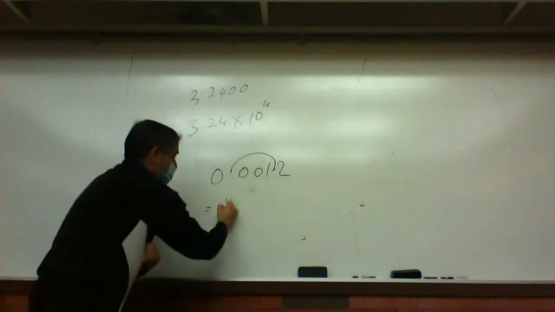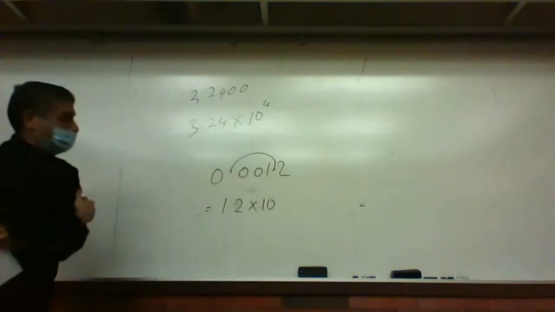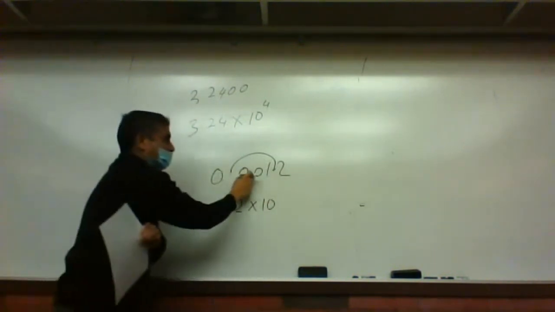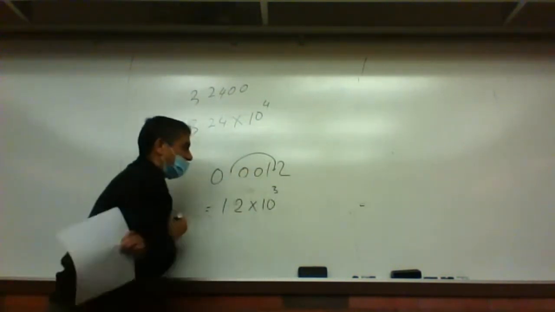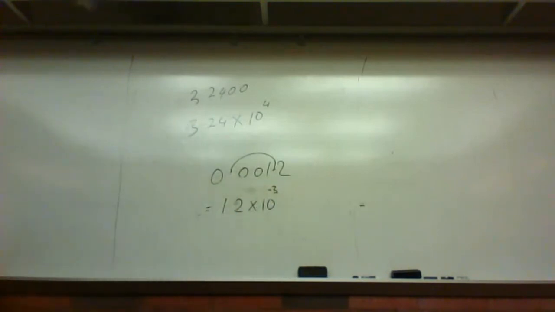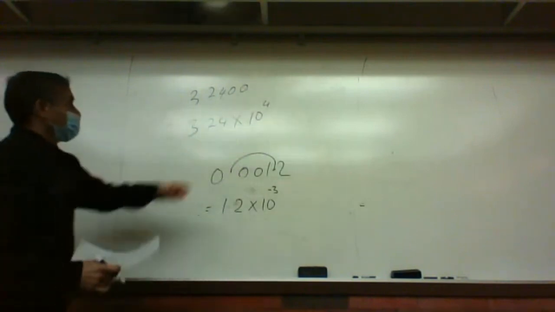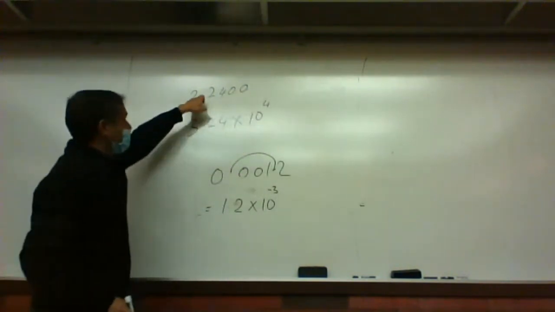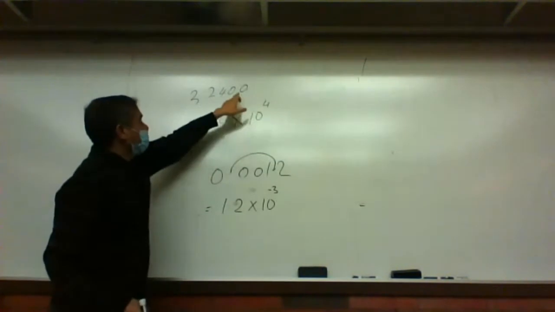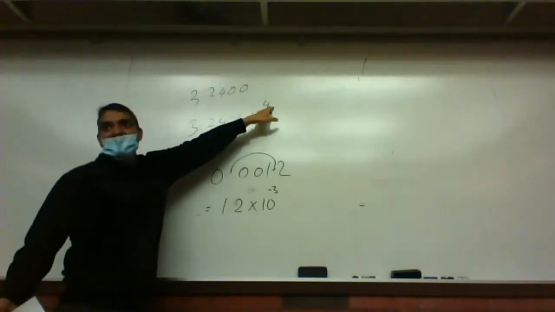So 1, how many steps do I push the decimal back? 1, 2, 3. So 3 steps, and then I put a minus here. Make sense? If you push the decimal forward, suppose there was a decimal here, and you want to push it this way, you count how many steps you push the decimal, and just put that number as the power of 10.